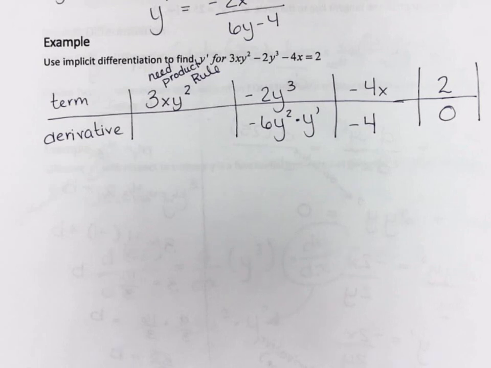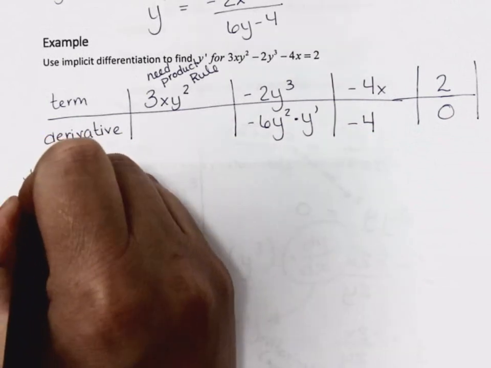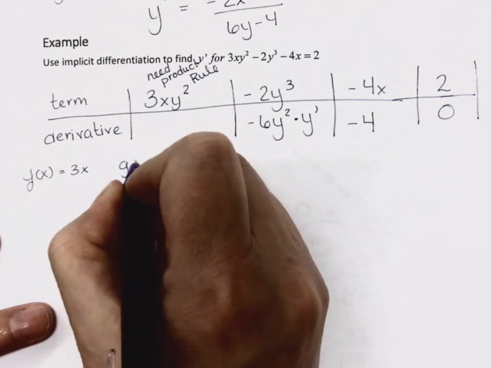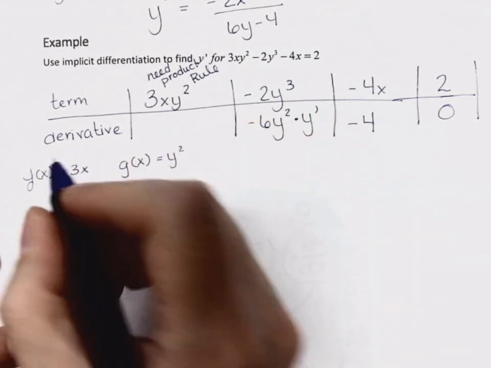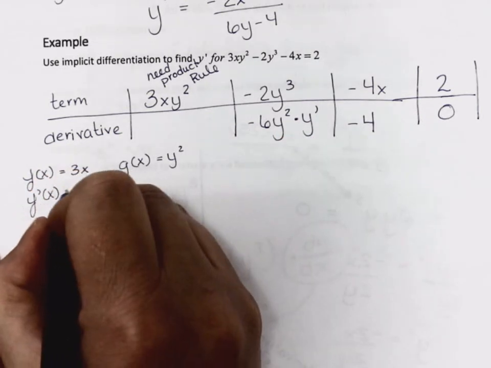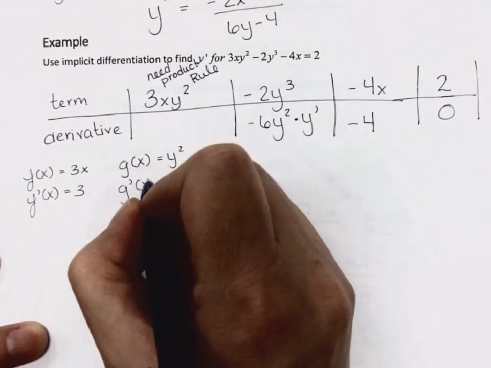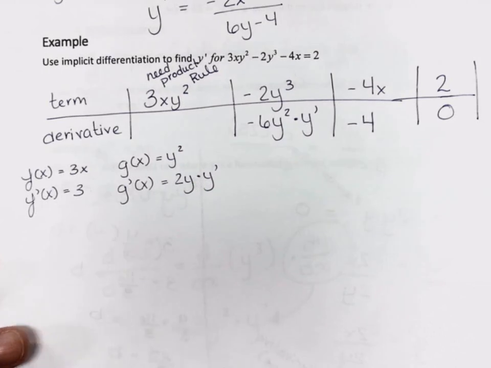Okay, do you guys remember the product rule? Maybe, possibly? Okay. So f of x would be the 3x. g of x would be the y squared. So if I do the derivative of this, it's just going to be 3. And if I do the derivative of this one, it's going to be 2y times y prime.